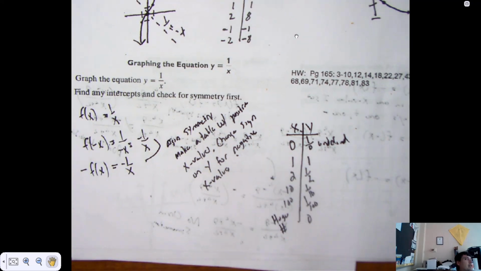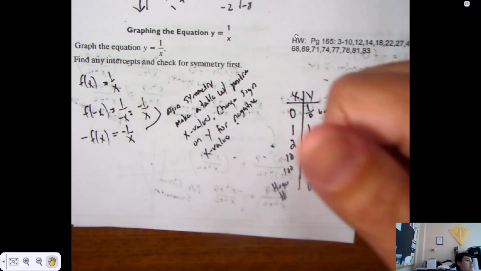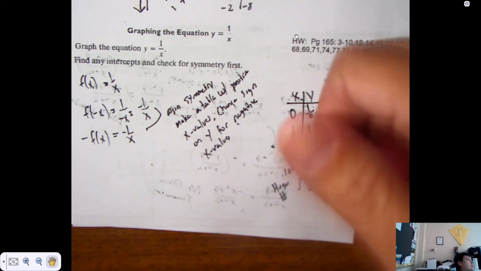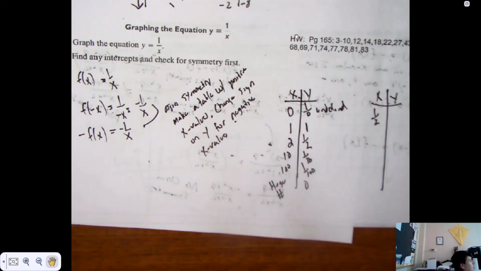Now, one of the things we didn't explore here is what happens close to 0. There's some interesting stuff on this function between 1 and 0. What would happen if you plug in something like a half? What's 1 divided by a half? 2.